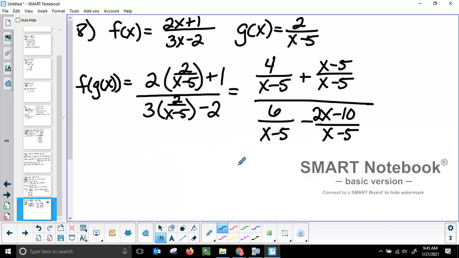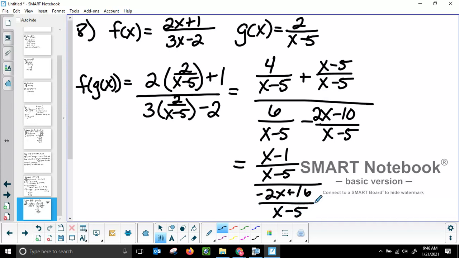All right, so up top, 4 plus x minus 5 is x minus 1 over x minus 5. And then down here, we're going to have negative 2x, and then 6 minus negative 10 is plus 16 over x minus 5.